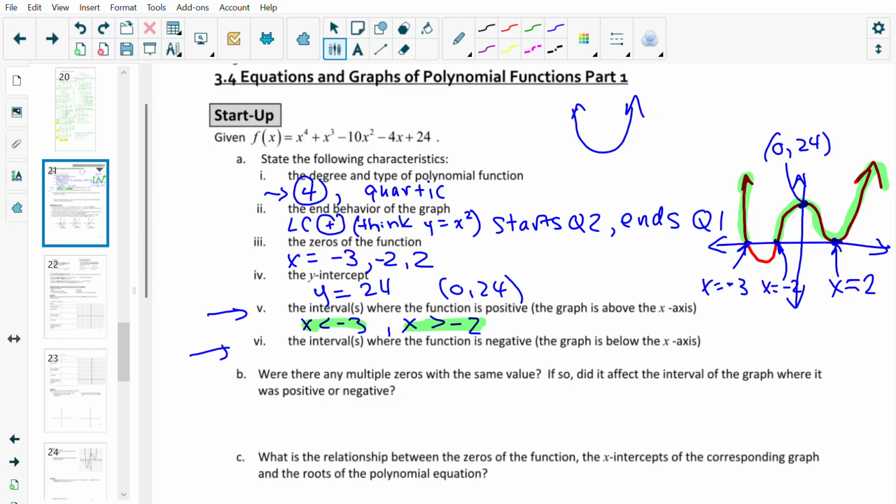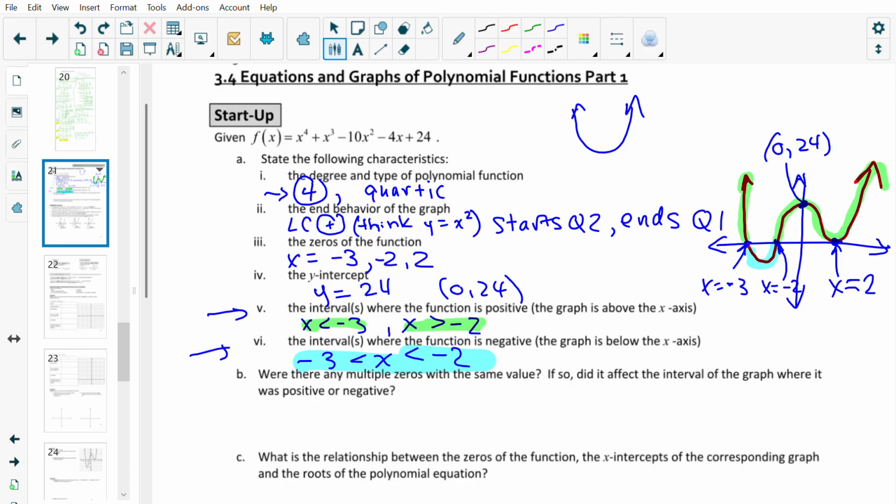Okay, the intervals where the function is negative, below the x-axis. So between -3 and -2, right? Remember, we don't want equal to 0, so I'm using the appropriate inequality signs. So right there.